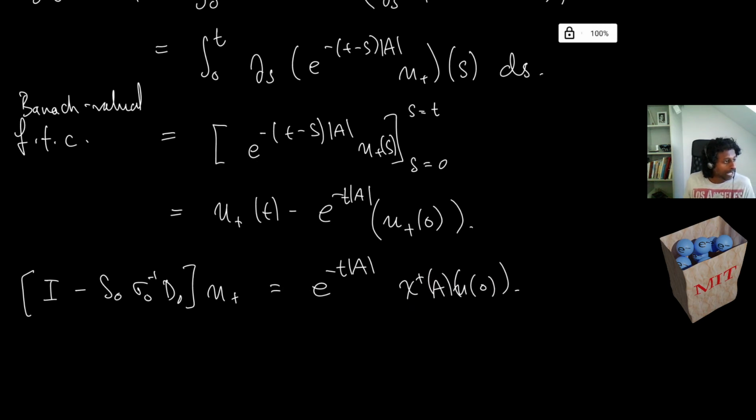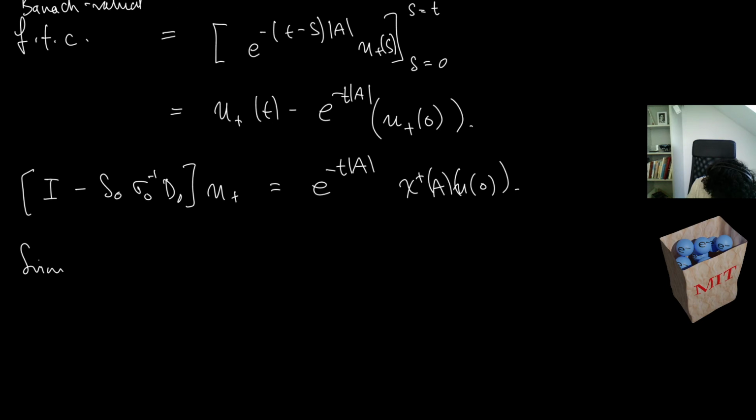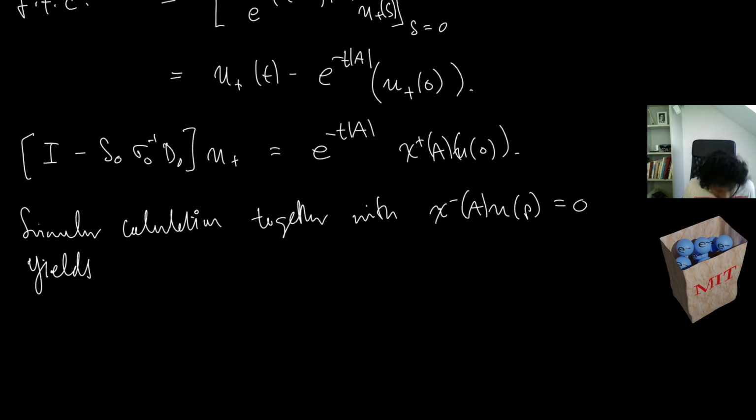And then we do a similar calculation, right? A similar calculation yields, together with chi minus of a u rho equals 0, that actually it's an inverse, right?